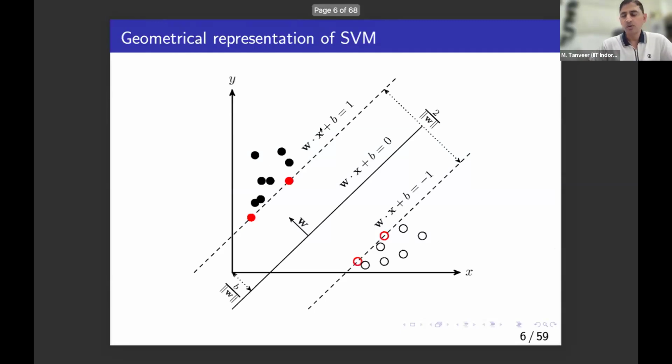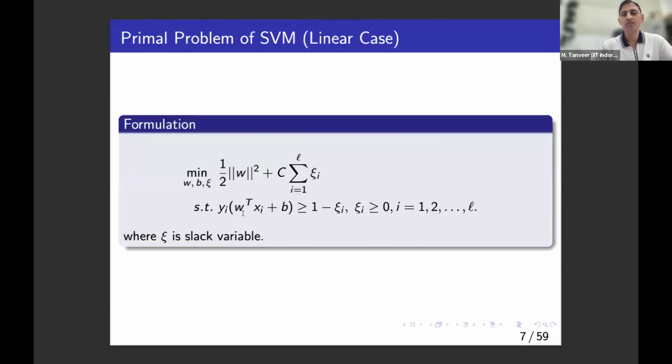One more important point: since we are maximizing the margin, that is, maximizing 2 upon norm of w, essentially we have to minimize w. Equivalently, we can say norm of w by 2, or equivalently, minimize norm of w squared by 2. The same thing is written here: minimize this w subject to the conditions in this manner.